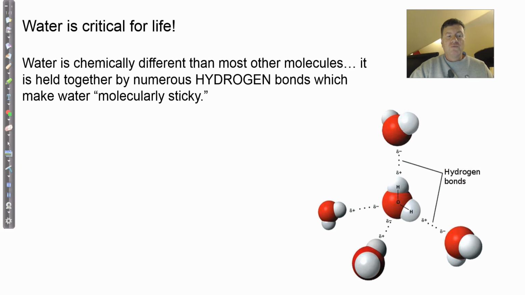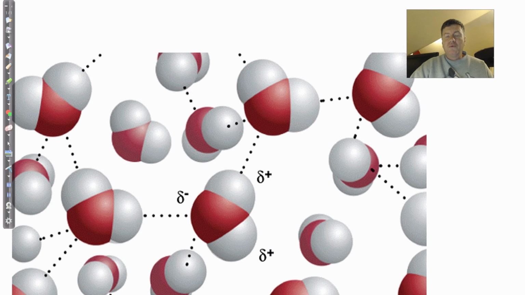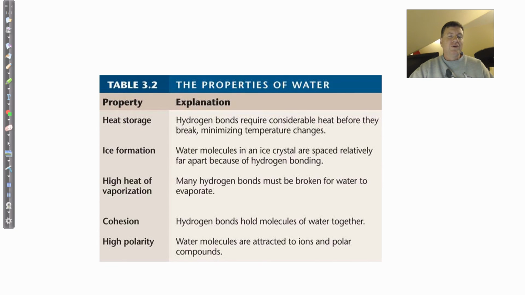Okay, well, why is that important? Well, just showing you an example of lots of hydrogen bonds here. So why is it important? If water is going to stick together with all these tight connections, some properties of water are going to emerge that are very important. For example, water is very good at storing heat.